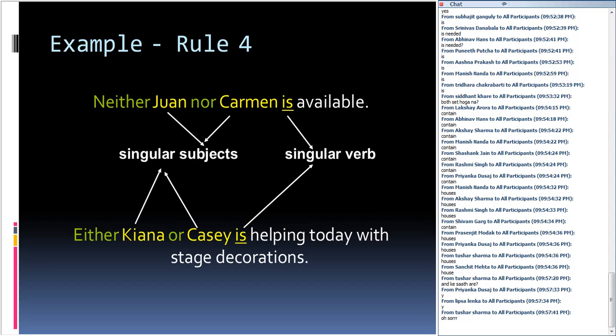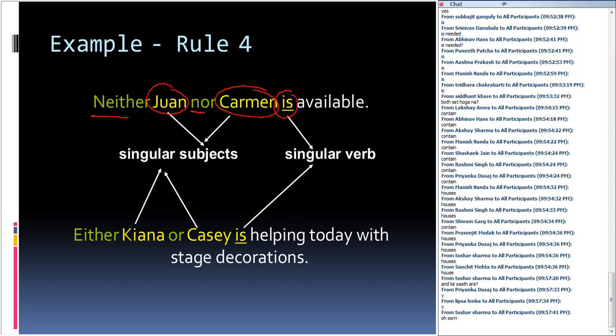For example, neither Juan nor Carmen is available. Okay, neither nor, singular subject, singular subject. Many people use are. Neither Juan nor Carmen are available. Neither biscuits nor cookies are available.